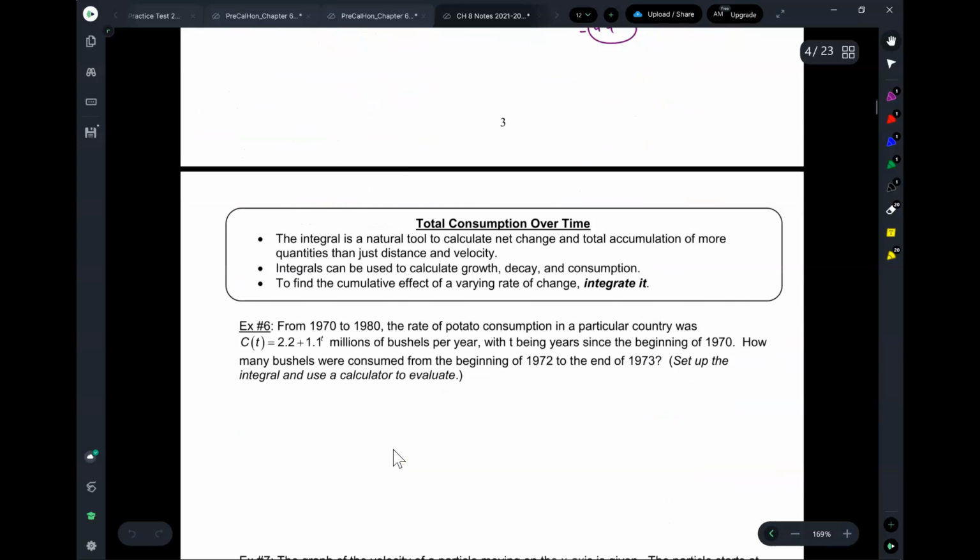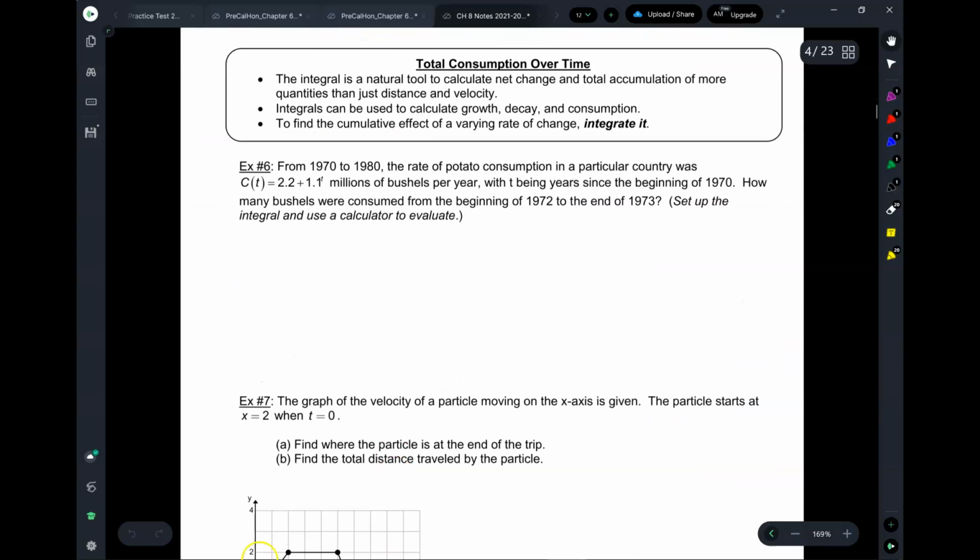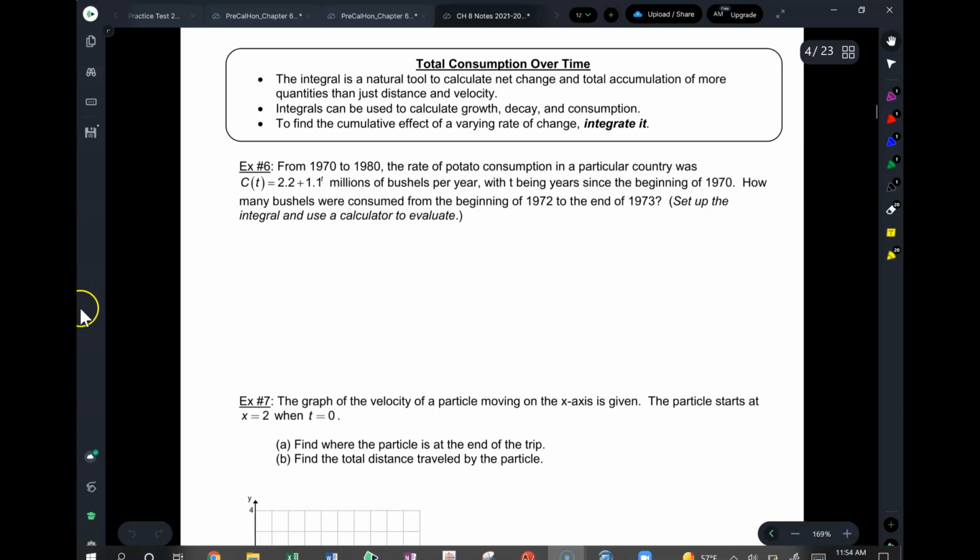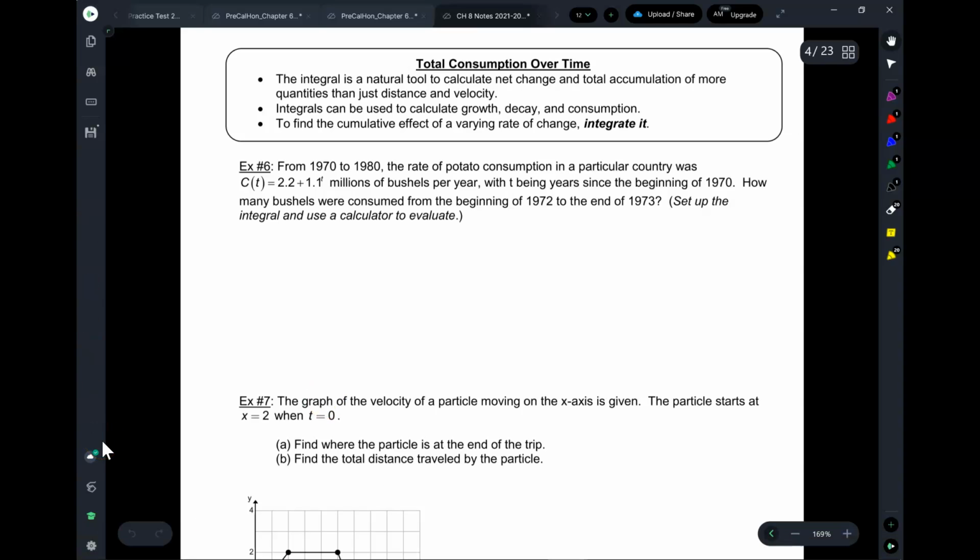All right, so another example where we can use net change is total consumption. Basically, we can use an integral as a tool to calculate net change and total accumulation, not only of distance and velocity.